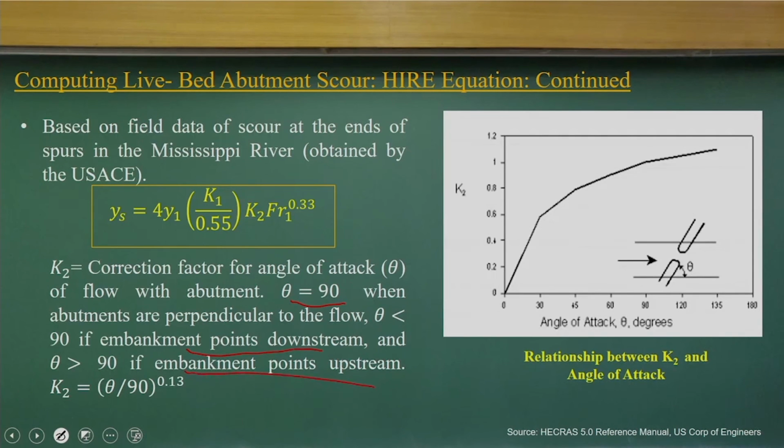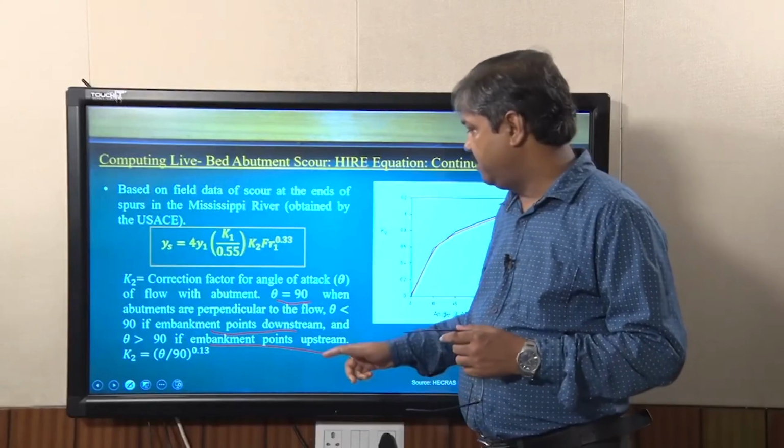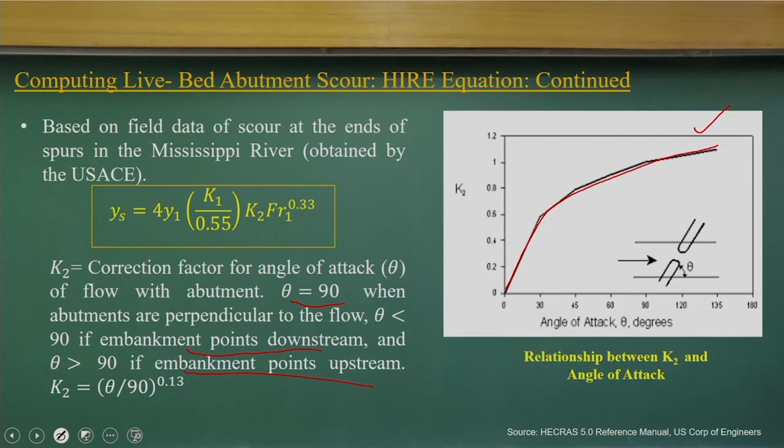So K2 is a function of theta divided by 90, and if you plot it, the K2 value varies, increasing from close to 0 to 1.1 with the angle of attack. So we look at how the alignment of the abutment should be considered.